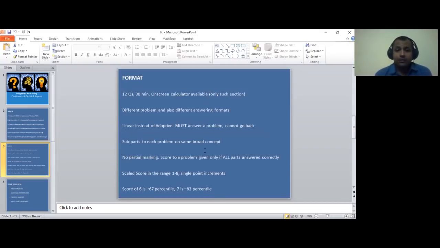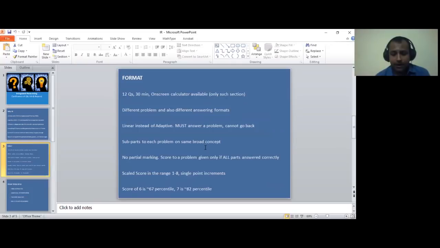So, subparts to each problem. Now, what is that? That is something very crucial again. All these things will become clear as we do some practice today. Essentially, there are 12 problems, and even those 12 problems have subparts, and there is no partial marking.